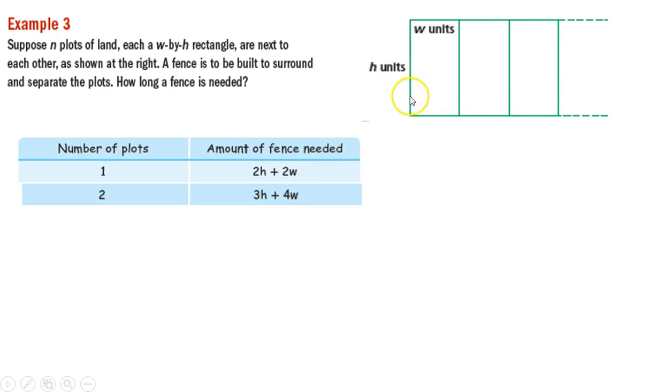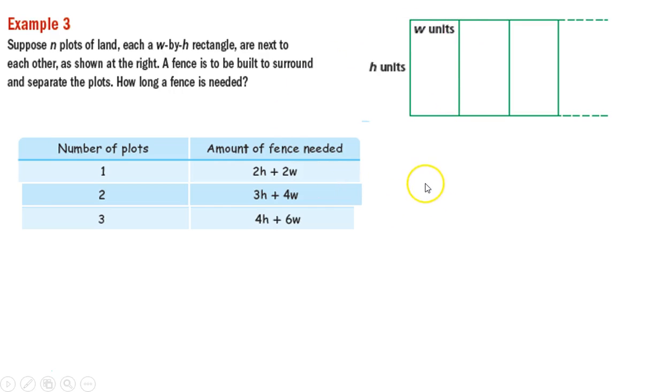If we go to 3, it's going to be 4 H's plus 6 W's. So the 6 W's come from the 1, 2, 3, 4, 5, 6. We can see those. But then it's just 4 H's, 1, 2, 3, 4, because we have rectangles that are sharing a side length. So we don't need to double fence that. It's just happening once.